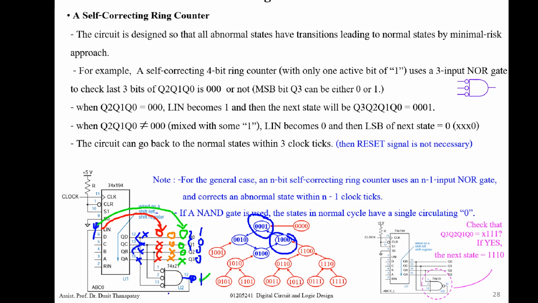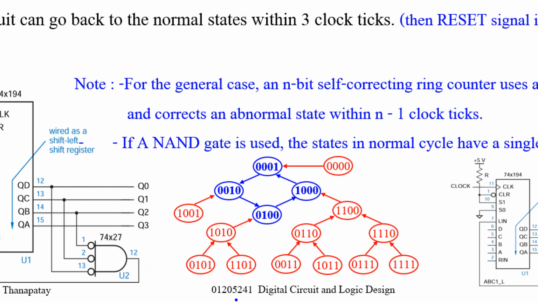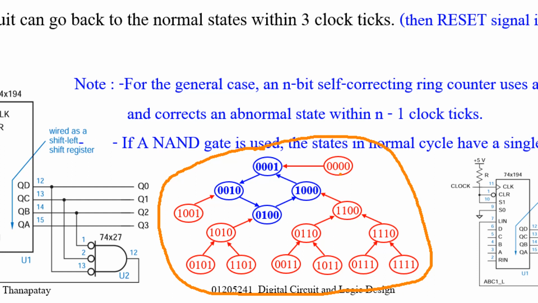This kind of circuit is called a self-correcting circuit. In this case it is a ring counter, so it's called a self-correcting ring counter. And this is the state diagram. If you want to check whether the circuit has the self-correcting property, one method is to write the state diagram.